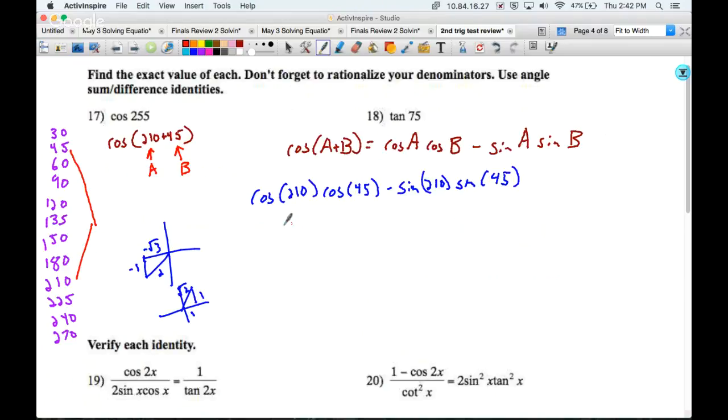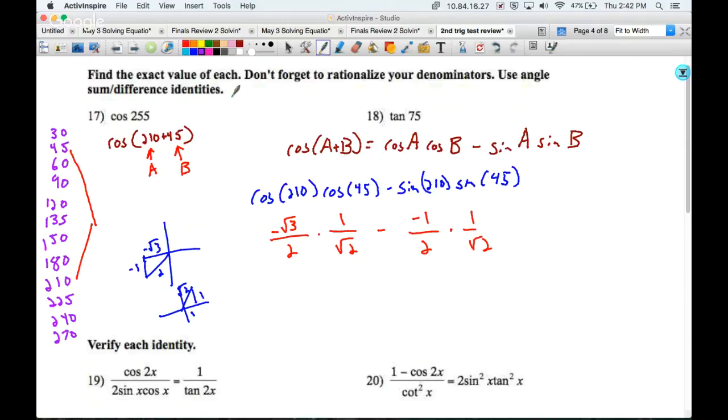Cosine of 210, adjacent over hypotenuse; cosine of 45, adjacent over hypotenuse; sine of 210, opposite over hypotenuse, -1 over 2; sine of 45, 1 over root 2.